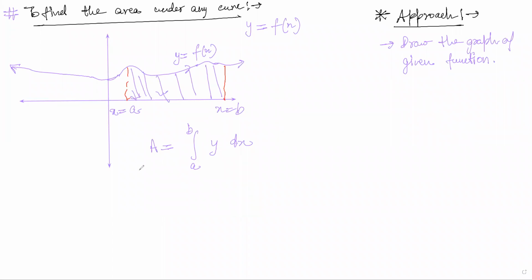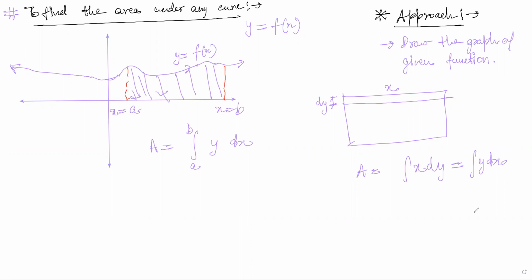The area remains the same. Either it's y into dx, or you could have also taken the element like this. In that case, the breadth would have been dy and the length would have been x. So the area which you calculated can be written either as x into dy or y into dx. You can find the area using either formula, with limits, obviously.